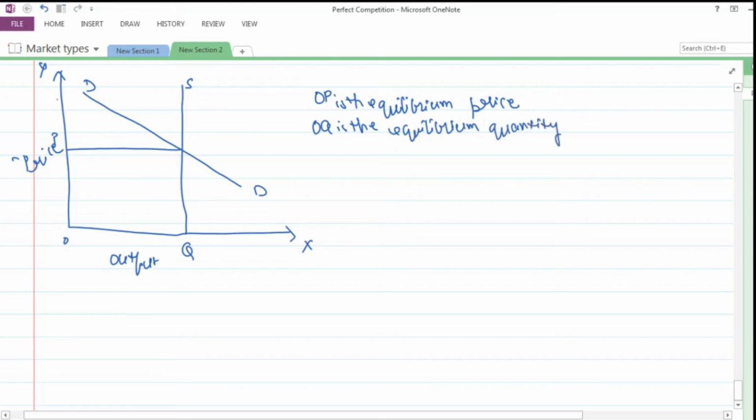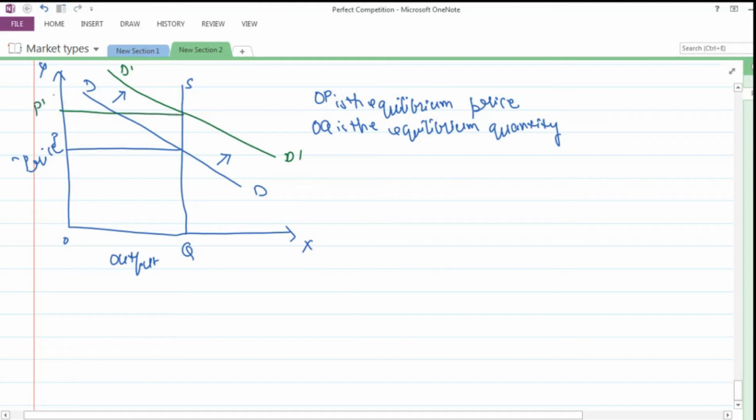Now let's assume that the demand has increased and the demand curve shifts upwards. Okay, here an upward shift is happening in the demand curve. So demand curve shifts to D1, then a new equilibrium price would be established at P1.